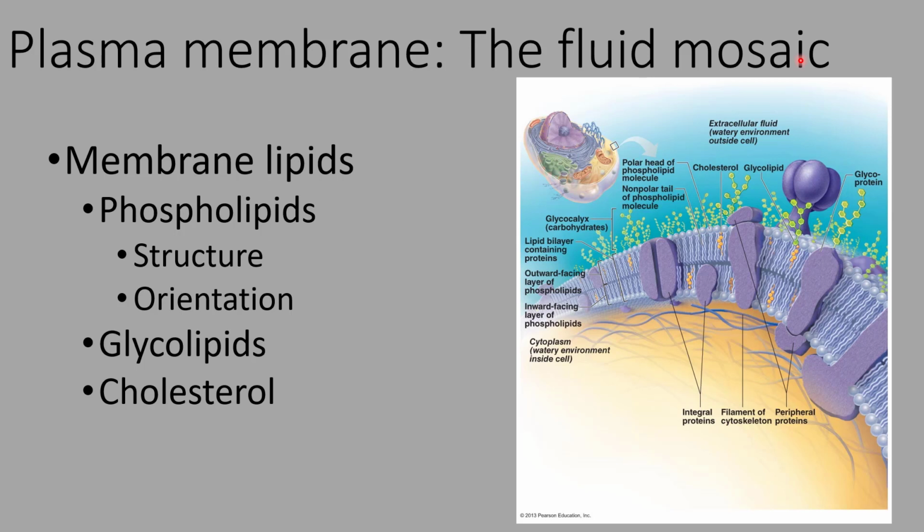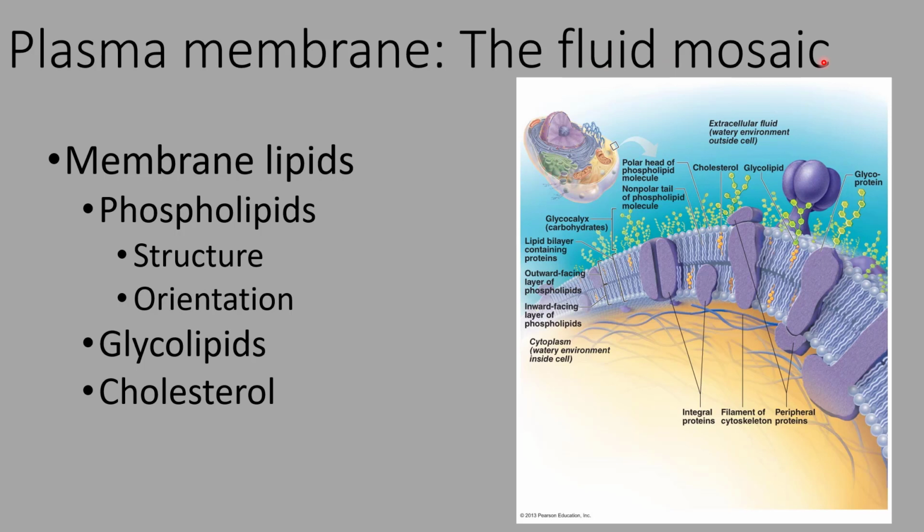Well, the cell membrane, the plasma membrane, is like that. It's fluid. All of these things that make up the plasma membrane that we're going to learn, they move around. If this were a photograph of the plasma membrane, if we took the same photograph 10 minutes later, everything in here would be in a different position. The things move around. It's fluid.